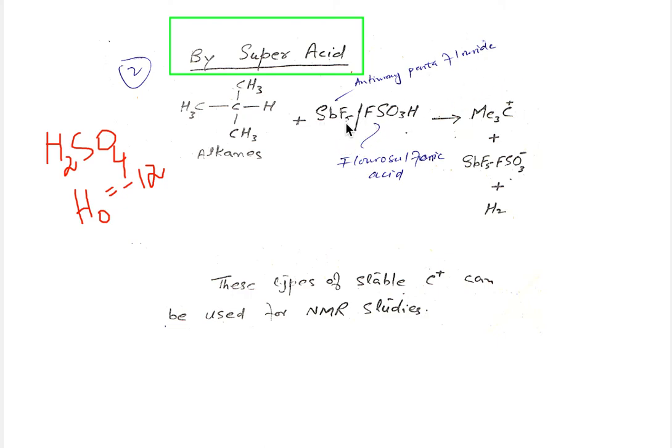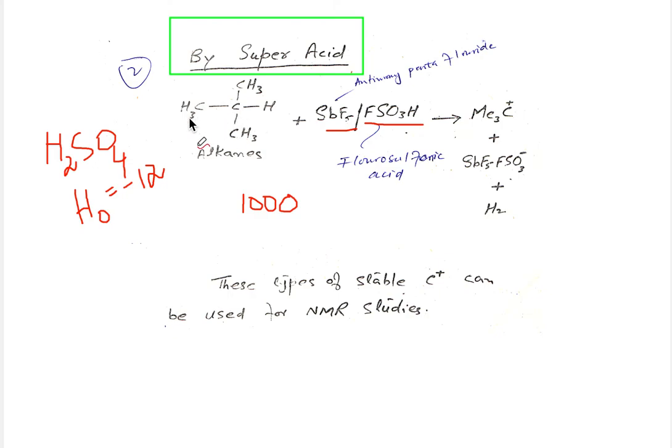A few examples are antimony pentafluoride, which is a superacid, or you can use fluorosulfuric acid as a superacid. Both these acids are 1,000 times stronger than pure sulfuric acid.